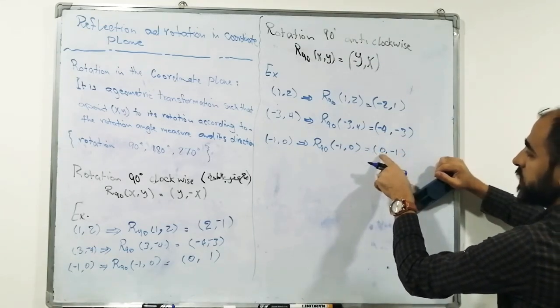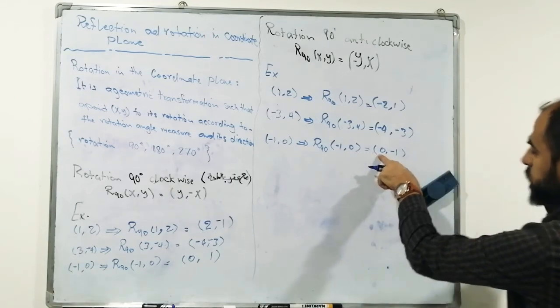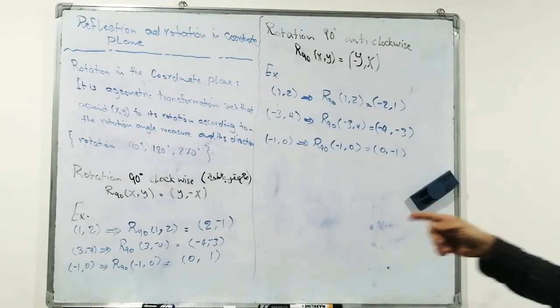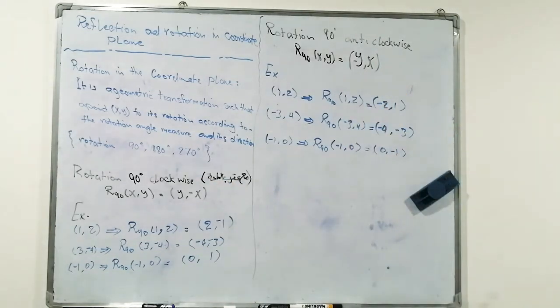Then change the sign of the first part. Here the first part is 0, so it doesn't matter if we change its sign, zero stays zero, negative or positive. This is the rule of rotation 90 degree clockwise and anti-clockwise.